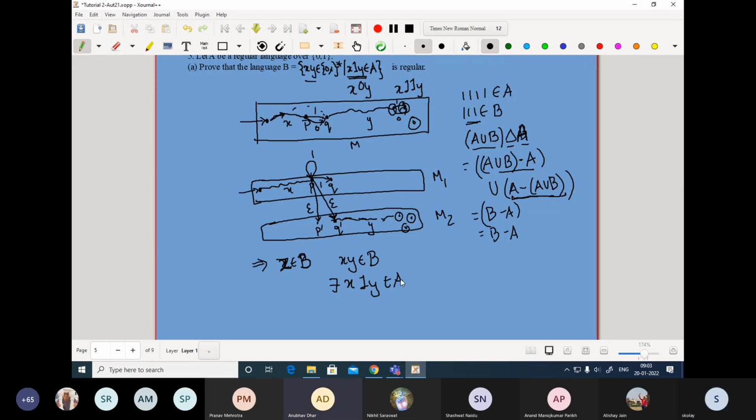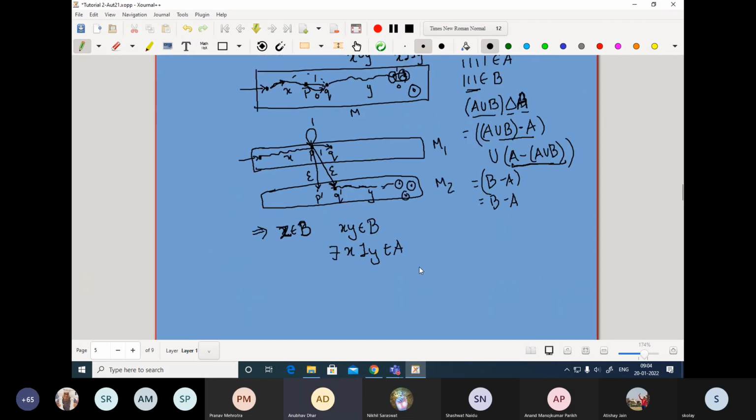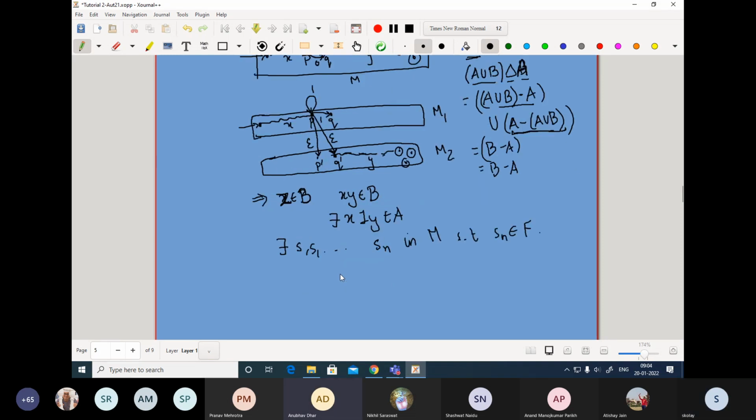So if there was a path S, S1, S2, S3 up to some Sn, such that Sn belongs to F in the original DFA for A, S1 to Sn in M, and let's say the transition for 1 occurs from Si to Si plus 1.